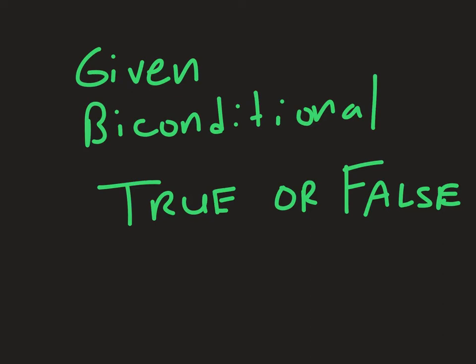Then we've already looked at a couple examples of this, with given a biconditional, we want you to be able to tell whether it's true or false. Now, I want to remind you that it's hard to tell whether something is true, but sometimes it's pretty easy to tell whether something is false because you can find an example that is a counterexample, right?